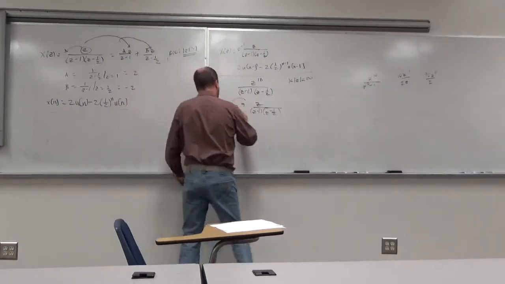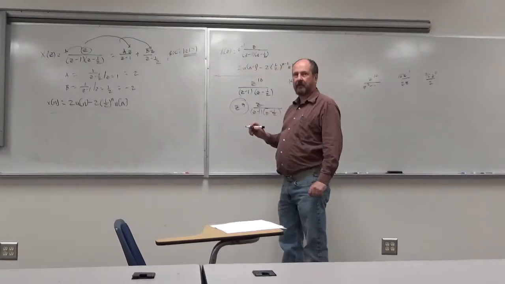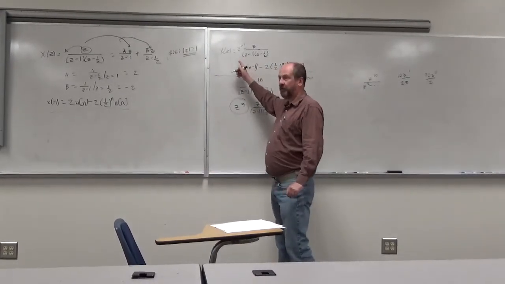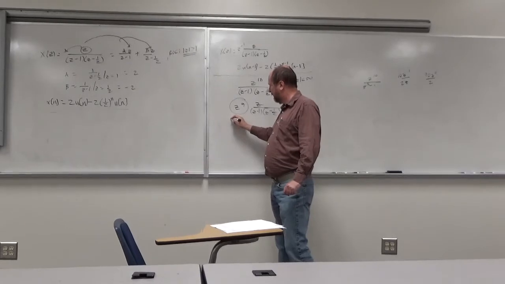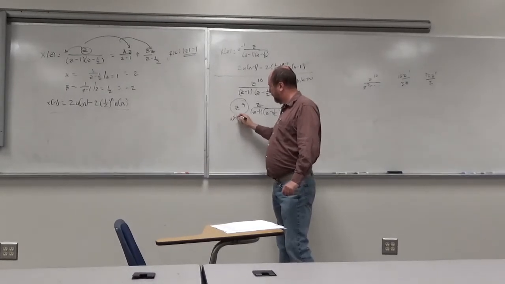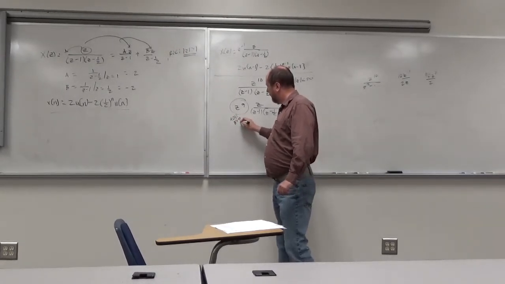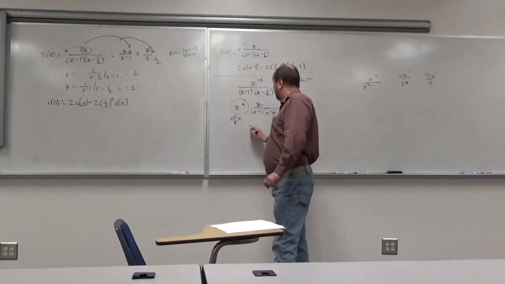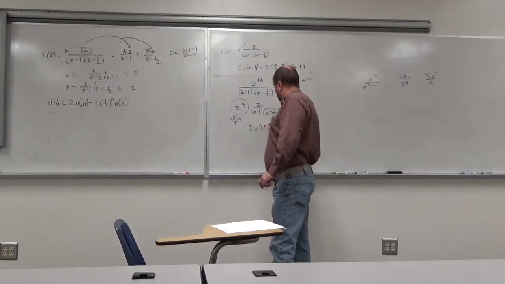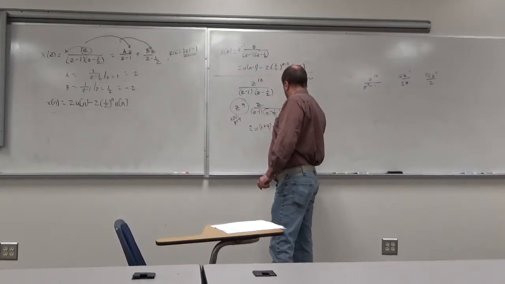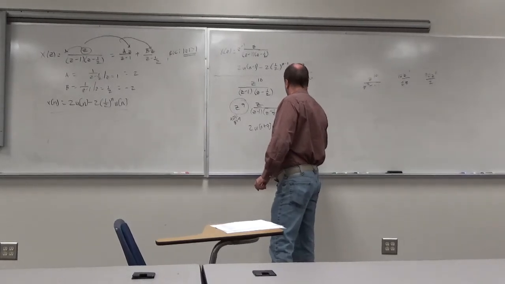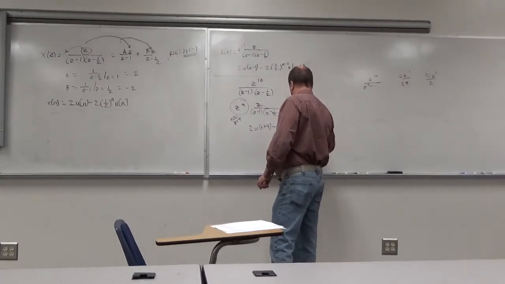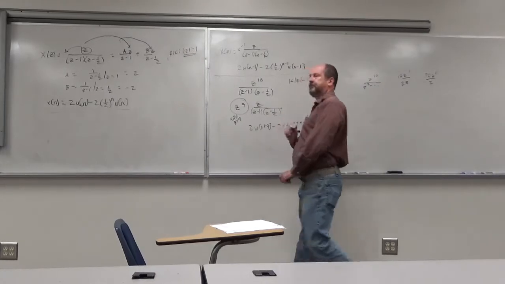What is z to the 9th? If z minus 1 is a delay by 1, this is an advance by 9, which means the answer is 2u of n plus 9 minus 2 times 1/2 to the n plus 9 u of n plus 9. Okay?